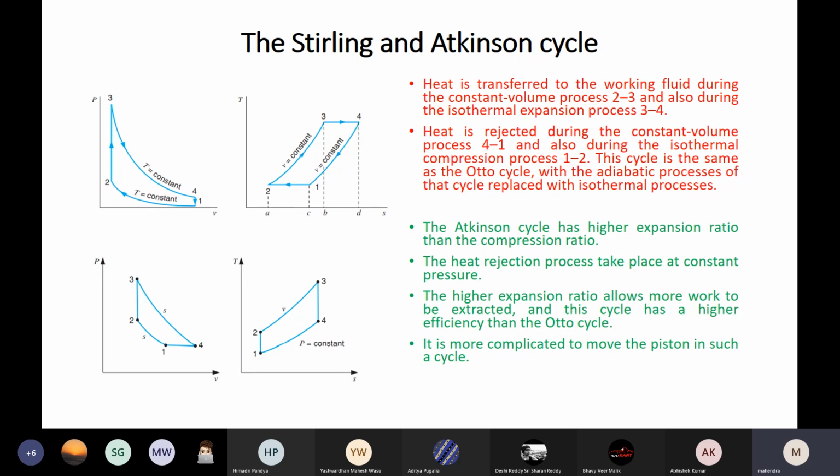But these two cycles are not very famous because they are very difficult experimentally. You cannot run an engine based upon this. Many complications are there, as with the Carnot engine that we have seen. Is it possible to maintain the piston-cylinder arrangement isothermal while it is expanding? The temperature should be constant, so we have to continuously supply a certain amount of heat.